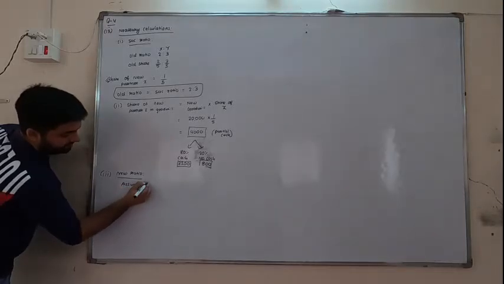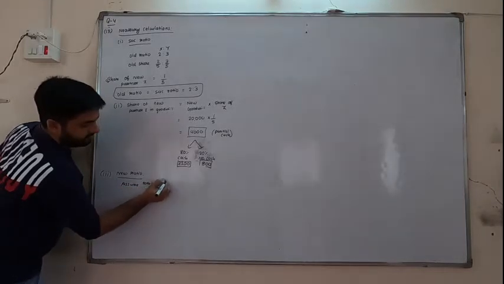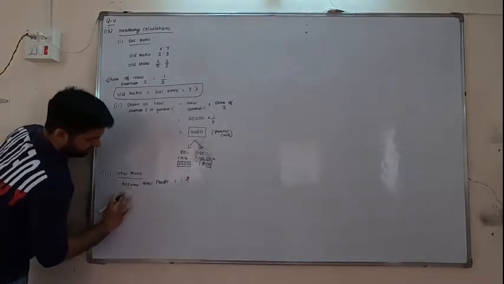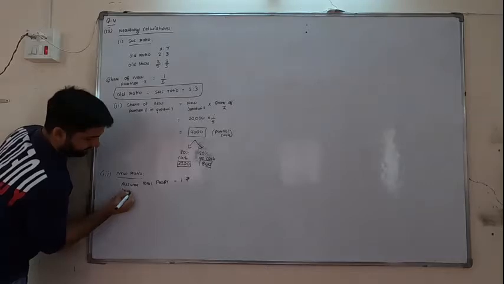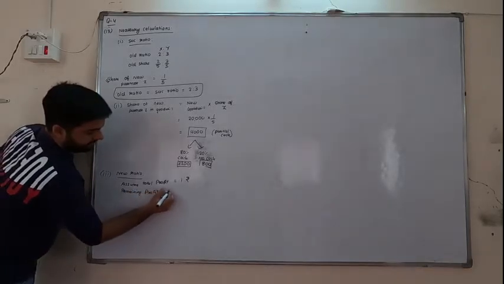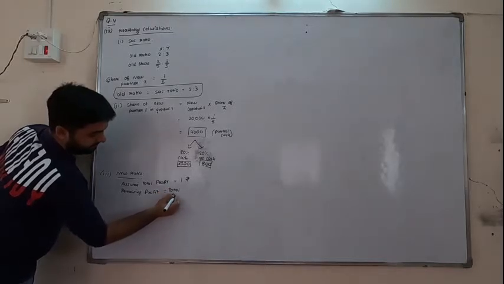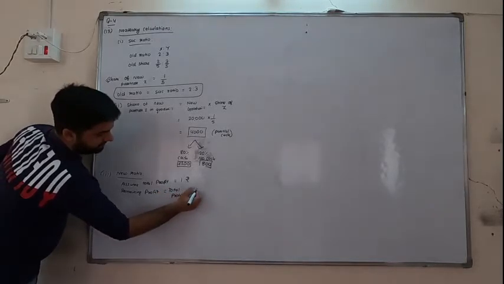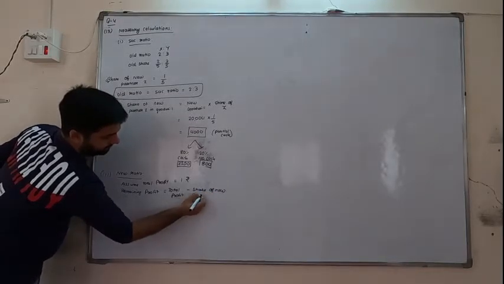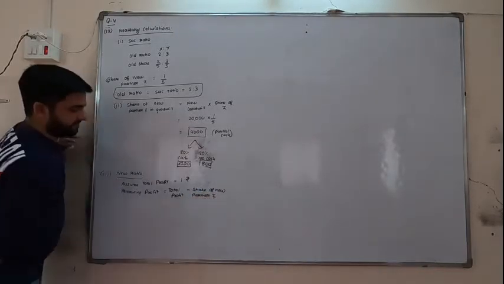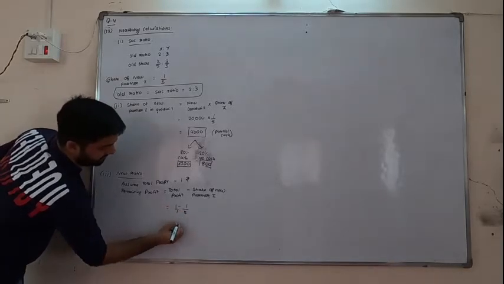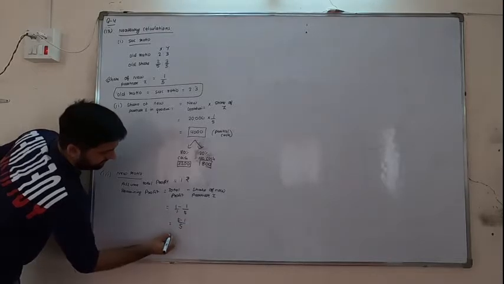So assume total profit 1 rupee. Then remaining profit is equal to total profit minus share of new partner Z. 1 minus 1 by 5. 5 ones are 5, 5 ones are 5, 1 ones are 1.